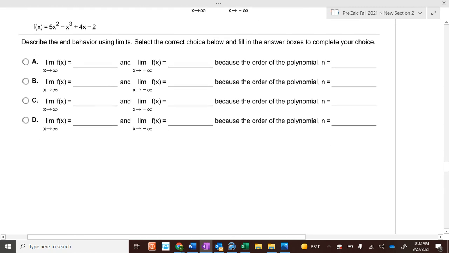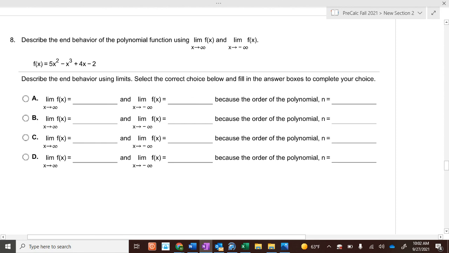Okay, fourth degree polynomial. This one, what's the degree of this polynomial? 3. What's first term coefficient? Positive or negative? Negative. You gotta go the highest term, the sign in front of the highest term.